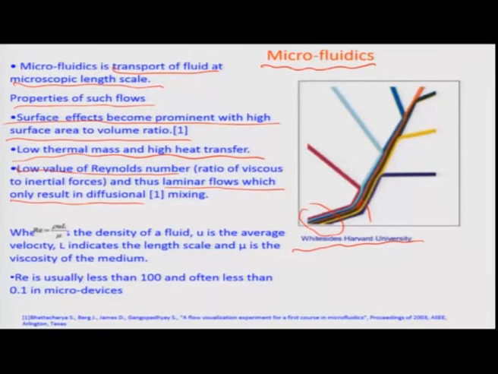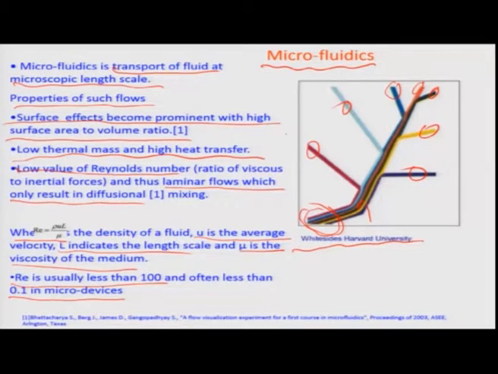So, the Reynolds number, which is actually the ratio between the inertial and viscous forces, is usually dependent on the average velocity, the length scale factor, and the viscosity of the medium. Re is usually less than 100, very often it is less than 0.1 when we talk about microfluidic devices. And so, these colors here, as you are seeing, although they are flowing past each other, they can be extracted as is without much mixing, because most of them are having almost zero concentration difference.